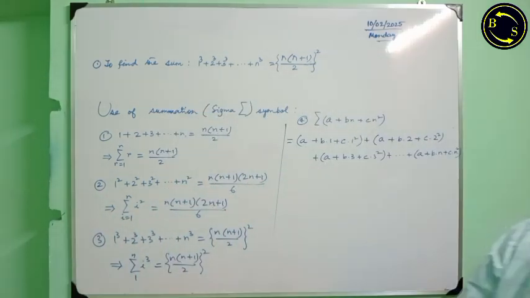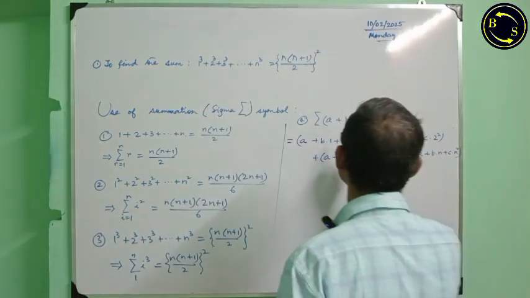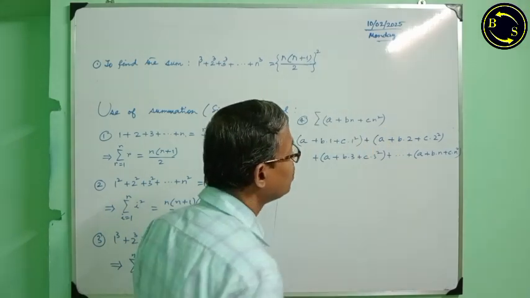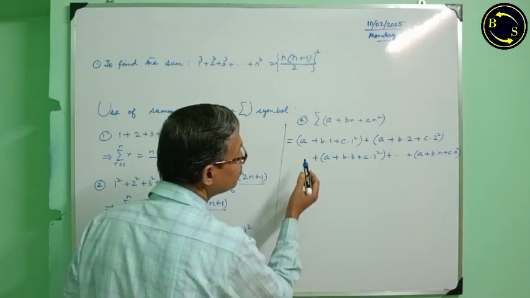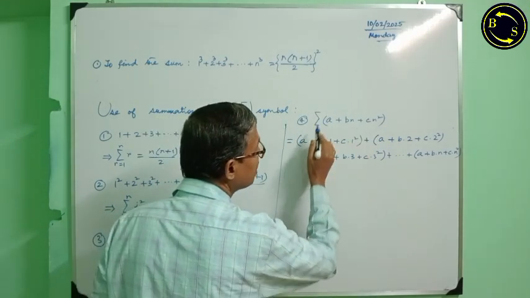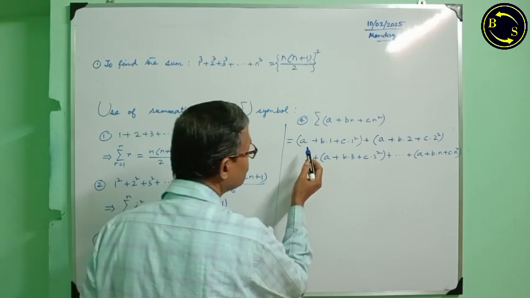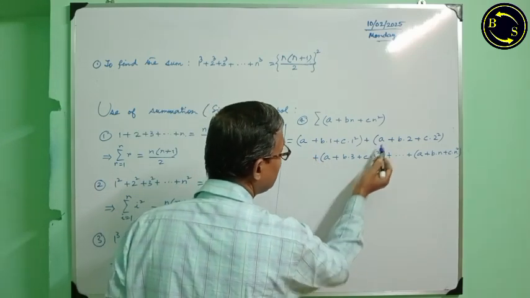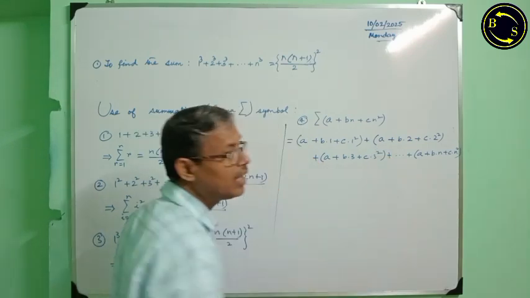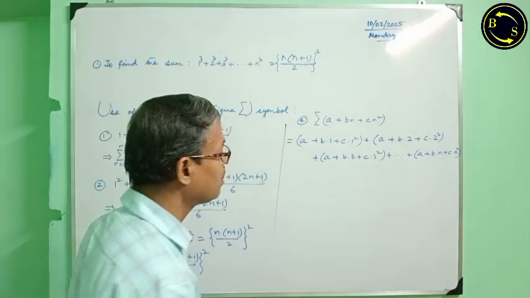Now, what will be the sum? After removing that capital sigma sign, we find a. How many a's are there? n numbers of a's are there.